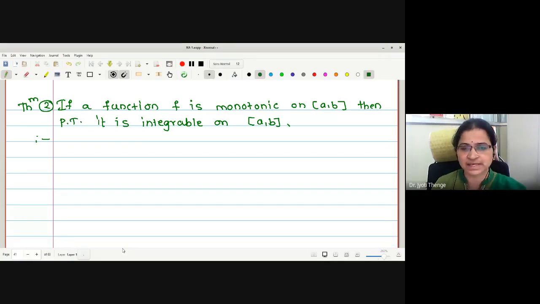Do you know what is the exact meaning, or what is the difference between monotonically increasing and strictly increasing? Monotonically increasing, monotonically decreasing, that's true. There are two types. But what the word monotonic means, or whether it is a strictly increasing function and strictly decreasing function.